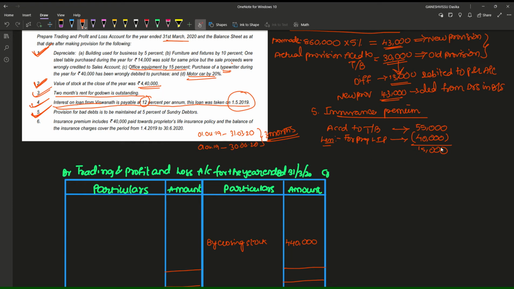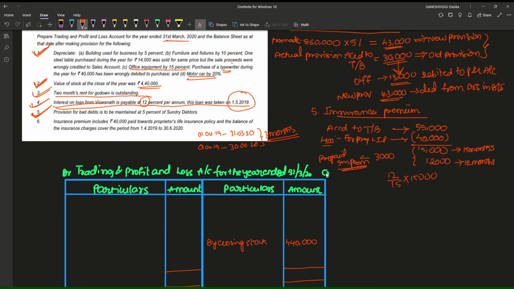Remaining is 15,000, and this 15,000 is for 15 months. Implies for 12 months is what? So we can write 12 by 15 into 15,000, and this is 12,000 rupees. So what is the remaining balance? Remaining balance is rupees 3,000, which we can call prepaid insurance premium.